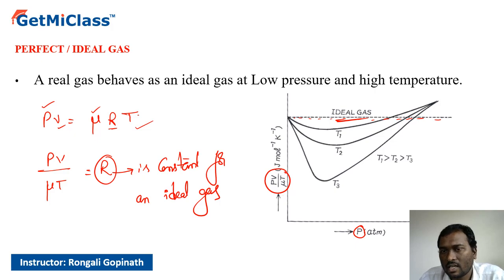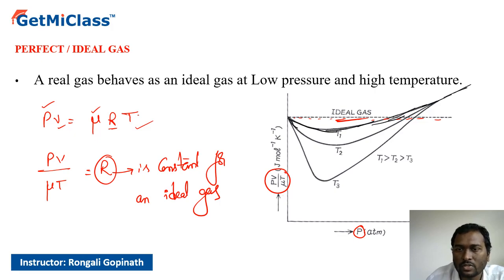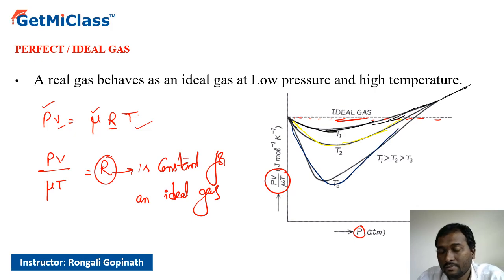We are seeing these real gases at different temperatures T1, T2 and T3. And you can see that a real gas will deviate from the ideal gas equation slightly, and then it overshoots up. Similarly, for different temperatures you have different curves like this. If you look at the comparison of temperatures, you can see that temperature T1 is greater than T2, which is greater than T3. This is from the experimental result.